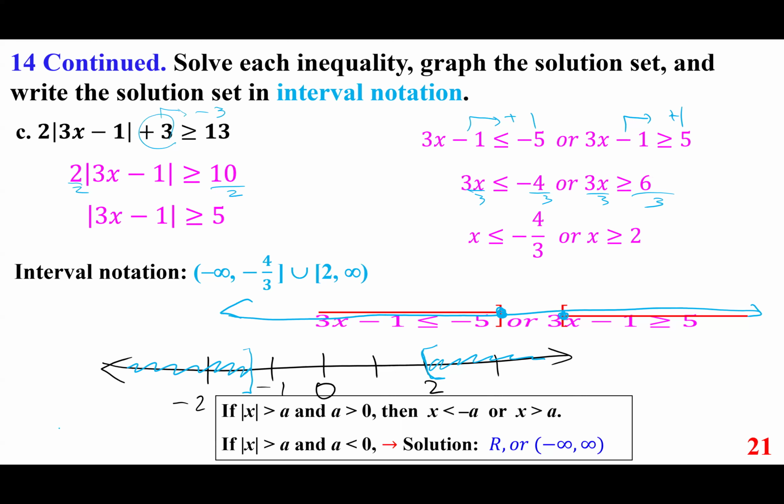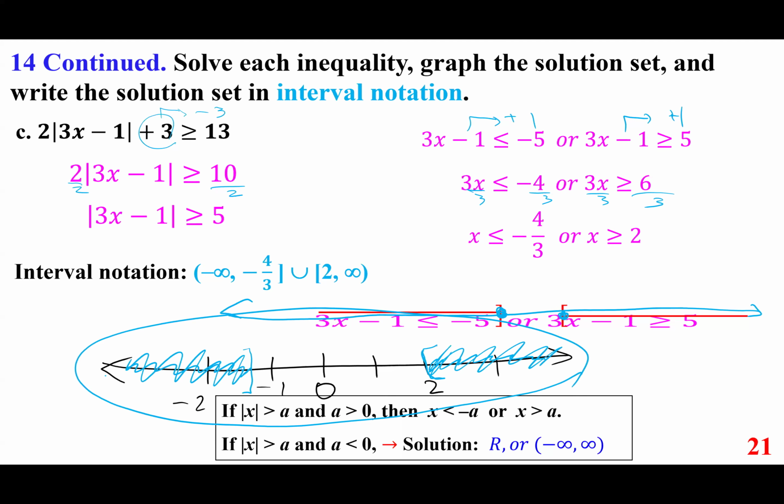Let me erase my work so I can show you the next example. So I hope everybody's clear. So this is the graph in essence, okay? Everything here, and the endpoint is equal.